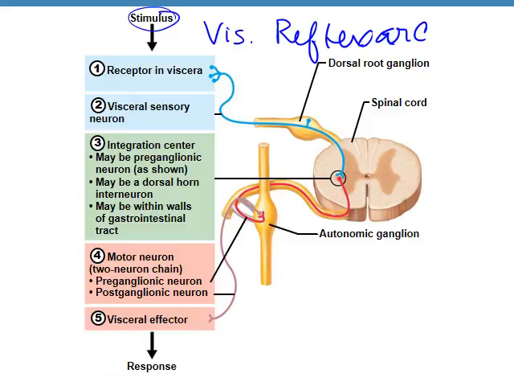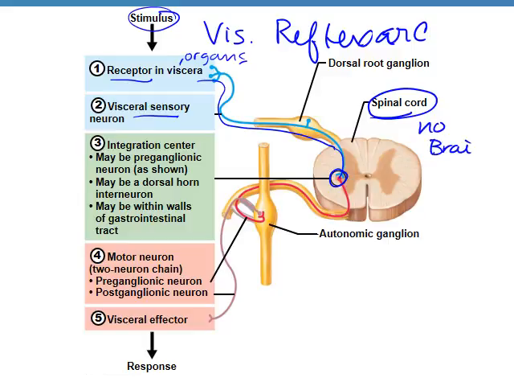First, you're going to have some sort of stimulus. That's going to activate a receptor in the viscera. Remember, this just means organs. You're going to have that information carried on a sensory nerve, and it's going to synapse here in the spinal cord. Remember, there's no brain integration here. So we don't want to waste time going to the brain to make a decision.